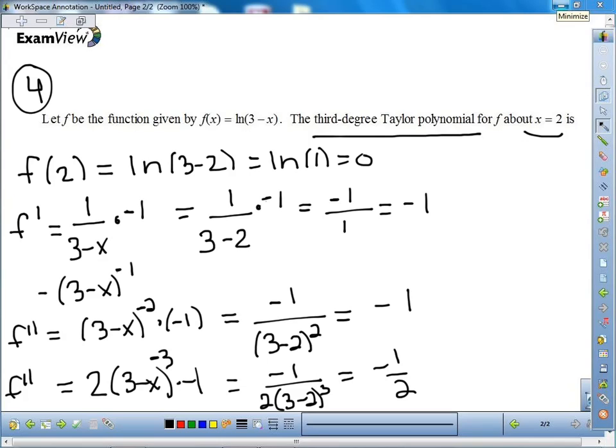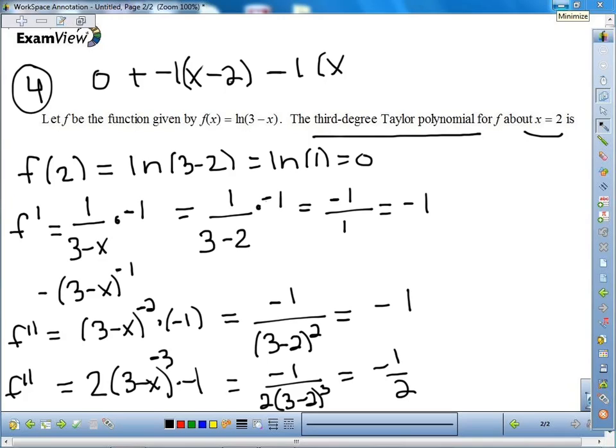So my polynomial is going to be 0 plus negative 1 x minus 2. Oops, I forgot the x minus 2 here, because it's always centered at 2.